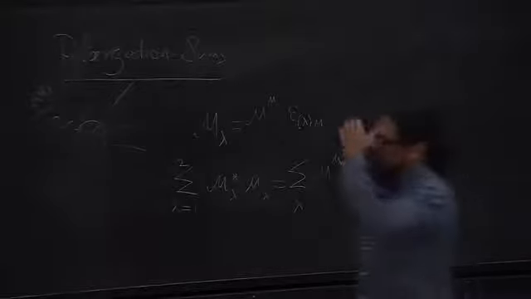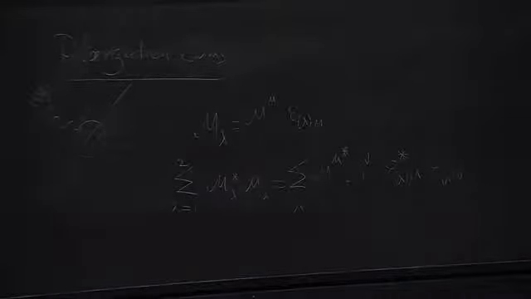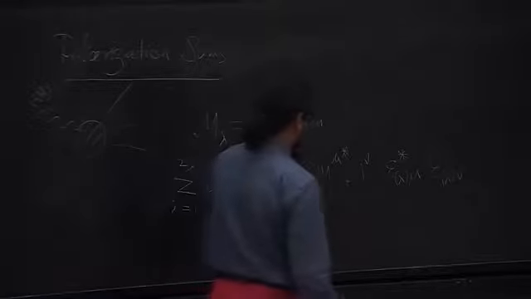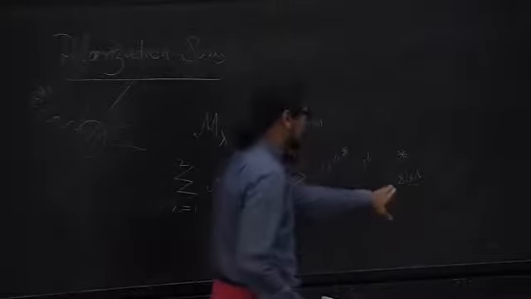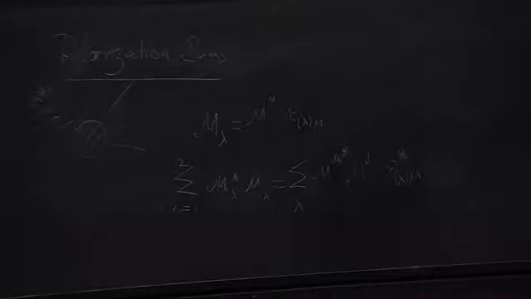Now, the problem is that you'd like to use some kind of, say, completeness relationship where you're summing over lambda here and replacing it by something.